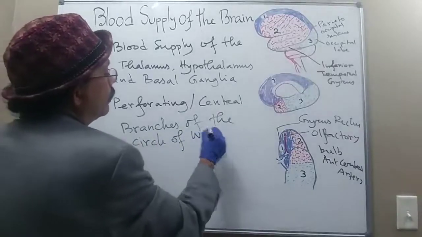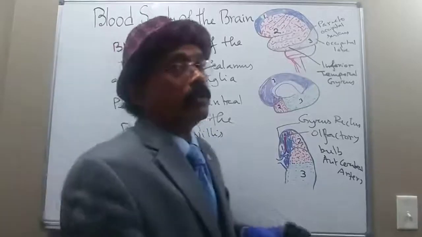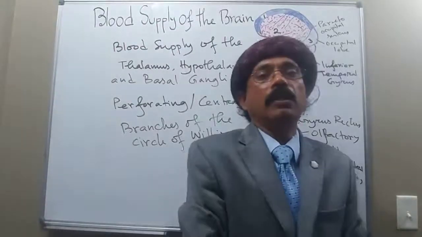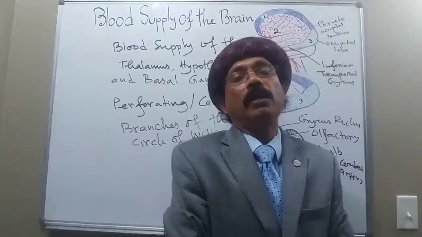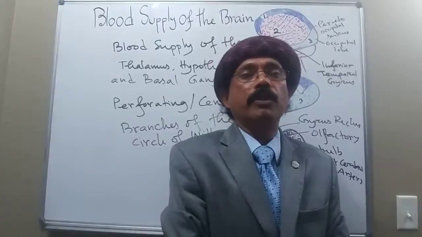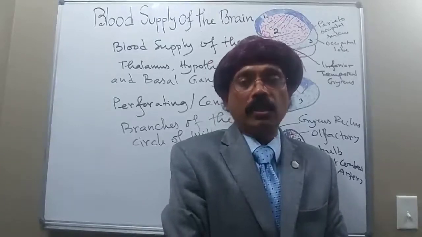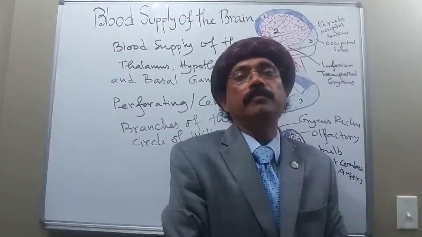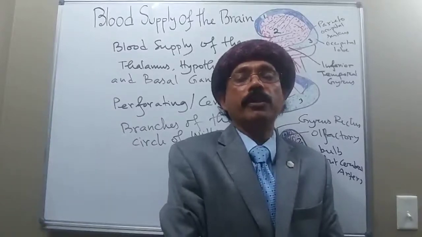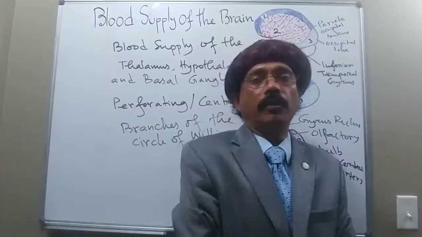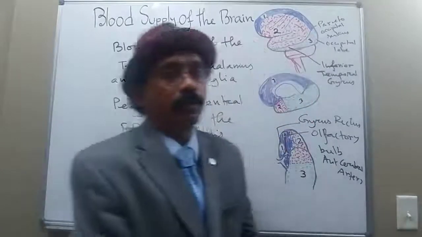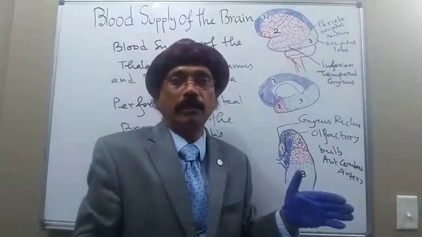As for example, the lentiform nucleus and corpus striatum are getting blood supply from the anterolateral perforating or central branches, we call them lenticulostriate branches, of the circle of Willis, from the middle cerebral artery.